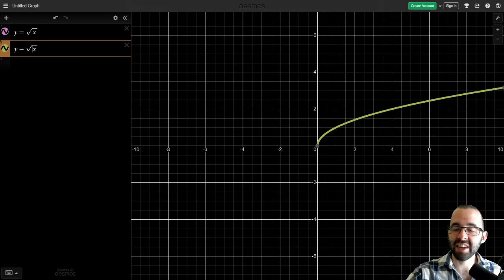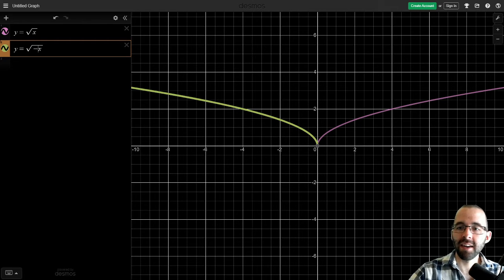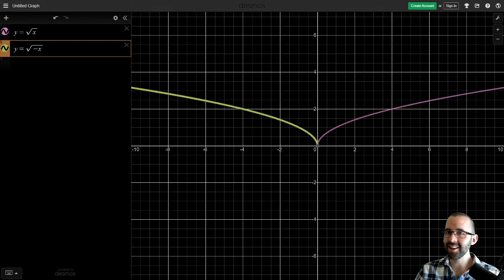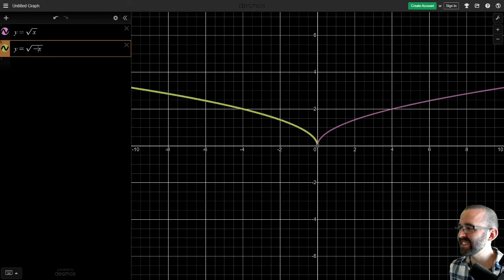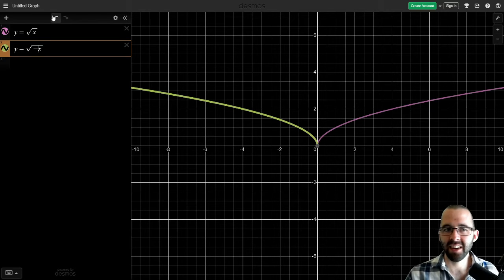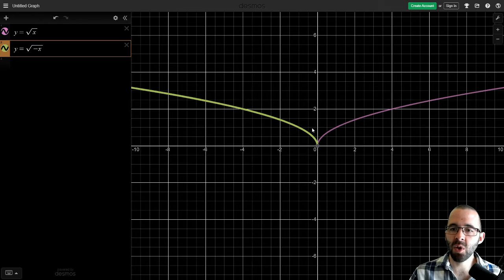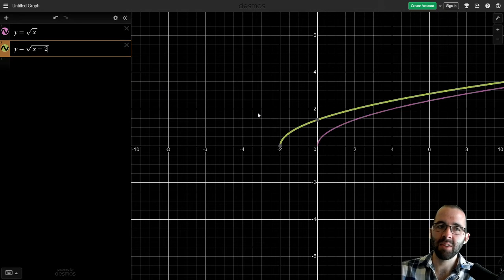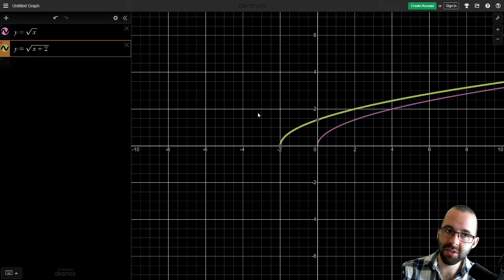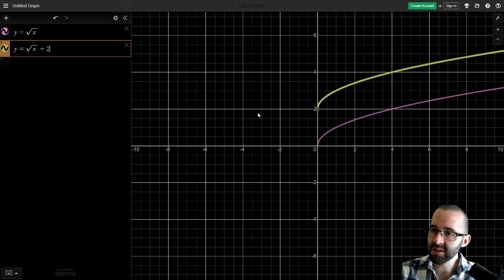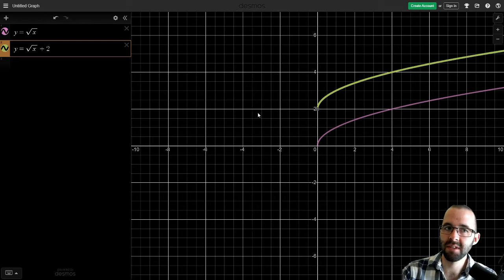If we added the negative on the inside, remember inside is horizontal stuff, it should get flipped the other way, left to right, about the y-axis. Wow. What do you know? I was right. What a coincidence. All right. Inside is horizontal stuff. Outside is vertical stuff. Right? Just like if we add something on the inside, that's a horizontal shift. We add something on the outside, that's a vertical shift.